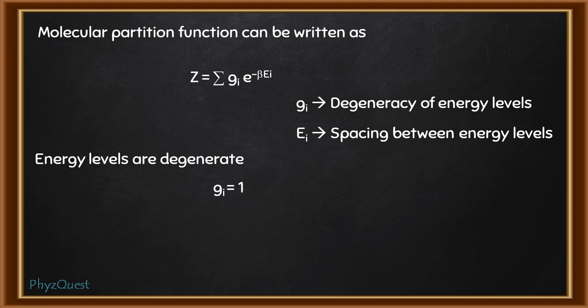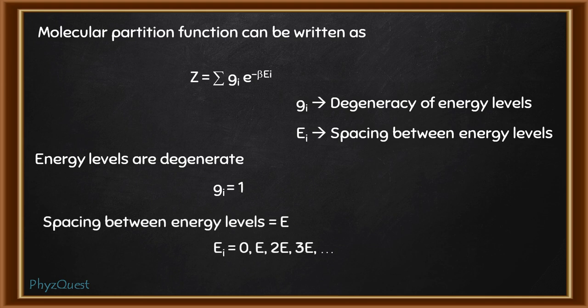Now it is mentioned that the ground state energy is 0 and the spacing between any two adjacent levels is E. That means the values of energy will be Ei equal to 0, E, 2E, 3E and so on. So these will be the energy states. Since it is non-degenerate, Gi is equal to 1 and Ei values are 0, E, 2E, 3E and so on.